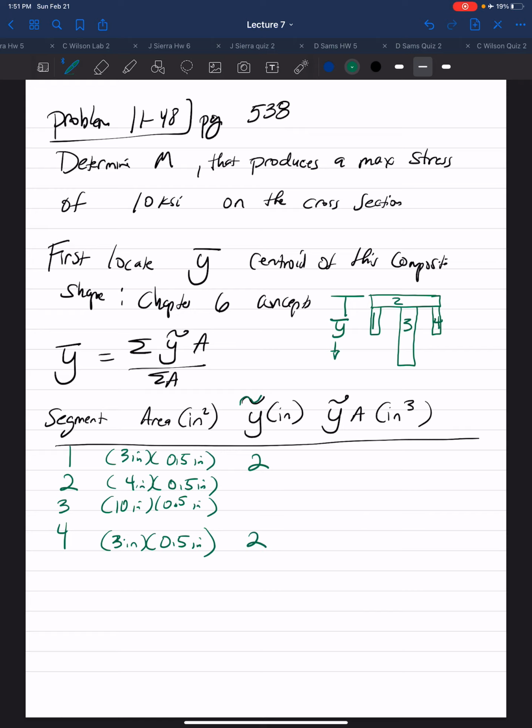For segment 2 it is at a distance of 0.5 divided by 2, which is 0.25 inches. And for segment 3, you have to take into account the 0.5 inches of segment 2 down to the half of 10. So that's 5 inches plus the 0.5 inches. That's the distance. So the rest then is multiplying it out.